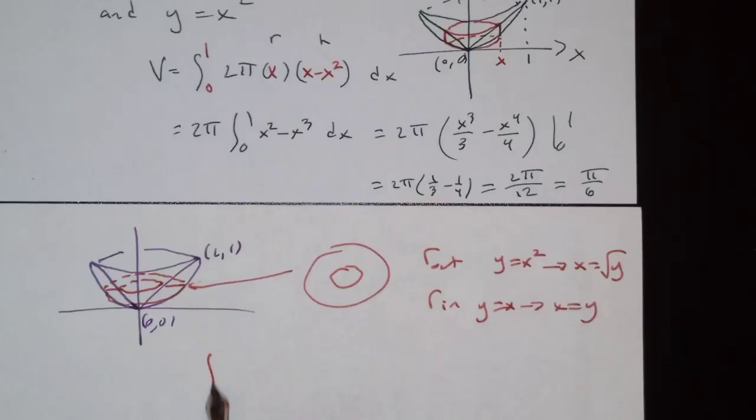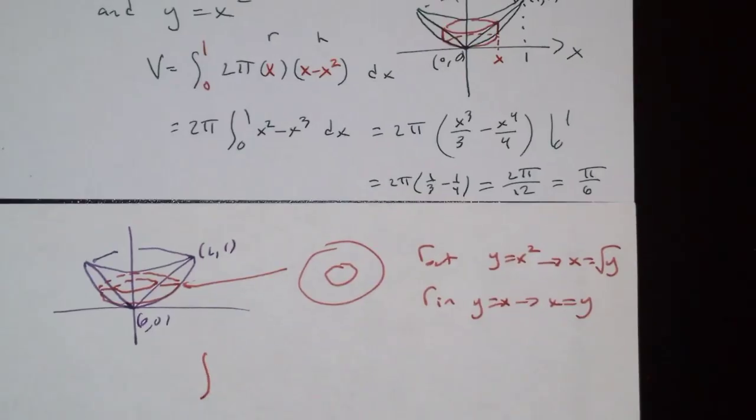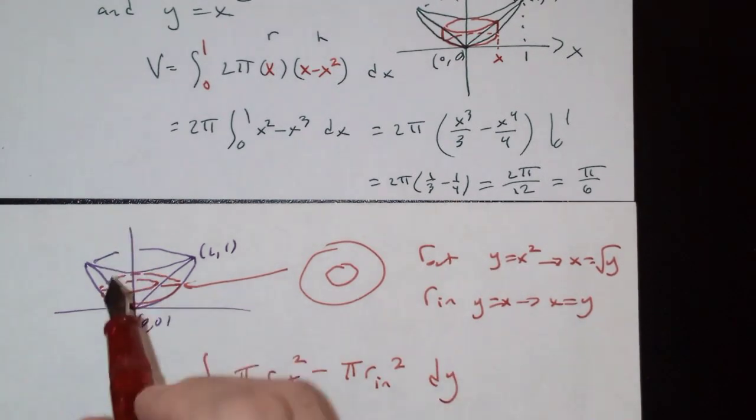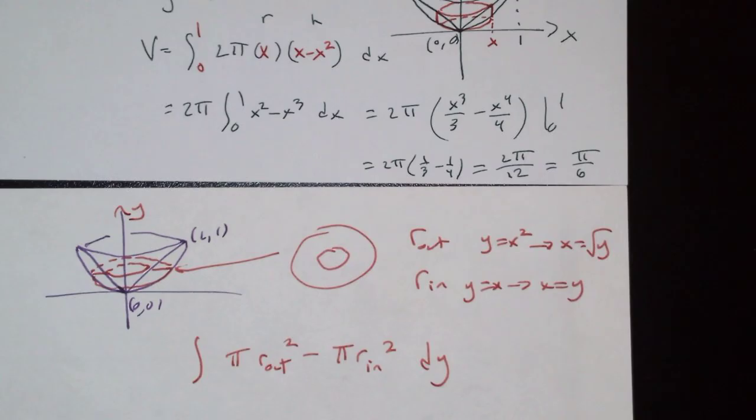So this integral goes from something to something, and it's pi r out squared minus pi r in squared. And this time it's dy, because my slices go up and down the y-axis. I need one more thing.